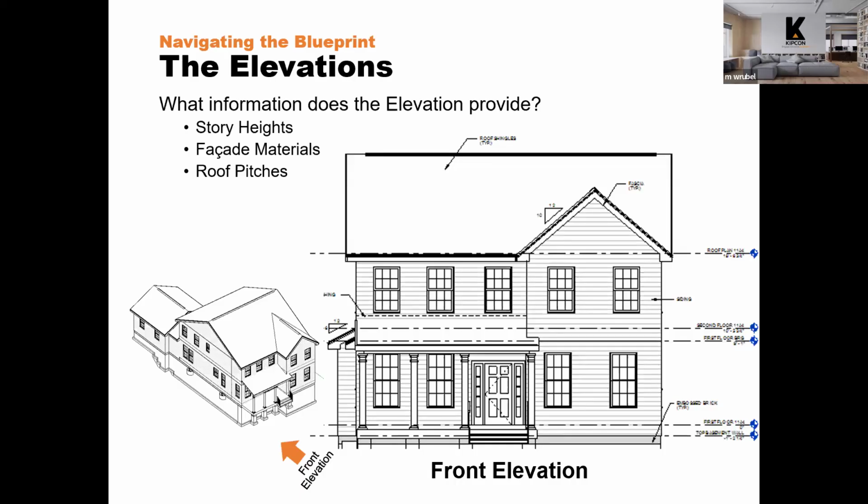So sometimes they'll show actual elevations for the bottom of the foundation wall and the top of the foundation wall. Sometimes they'll just be heights that are shown. So in this particular case, we've got the top of the basement wall and the first floor elevation. It's a little small.